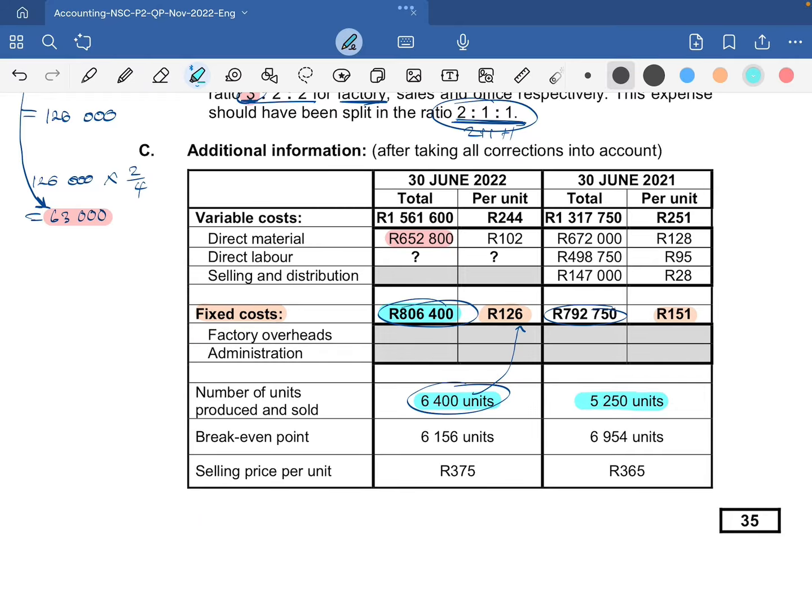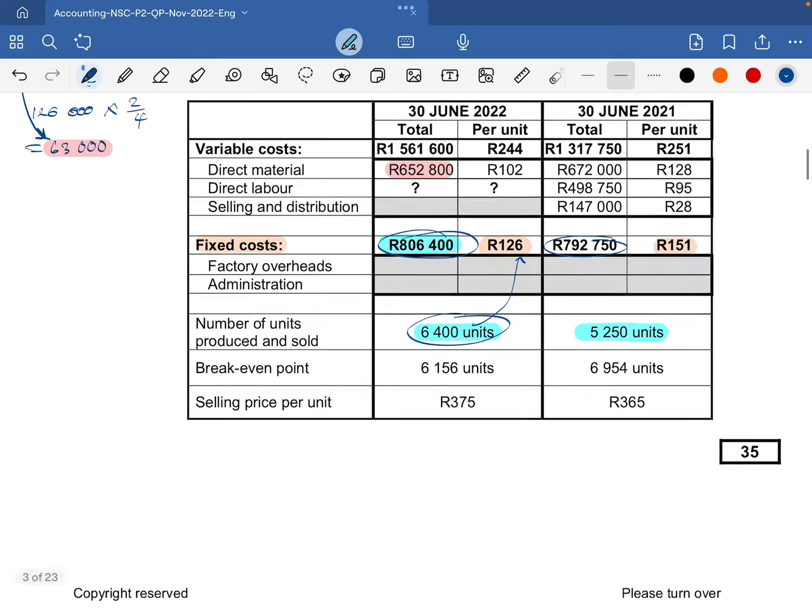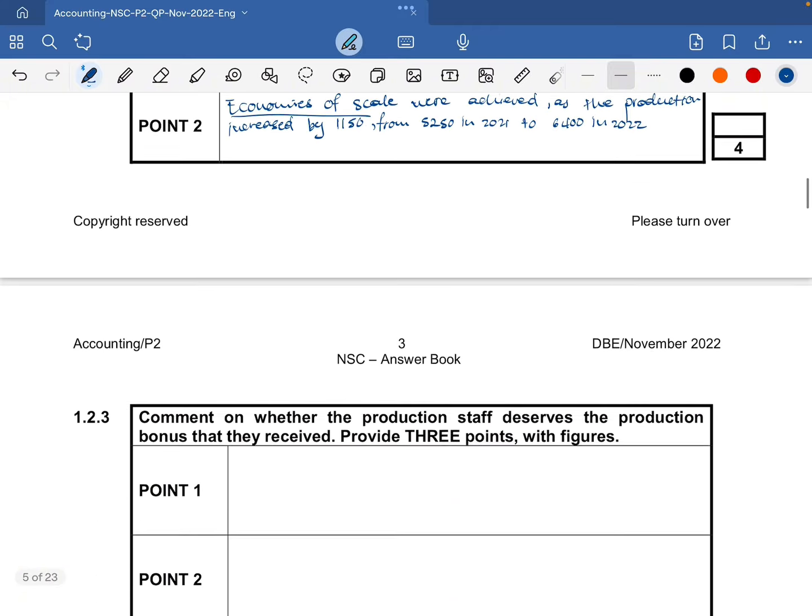Now, looking at direct laborers, what happened is that they produced 6,400 units this year, and last year they only produced 5,250, which is actually great, and that is actually a good thing. Okay, so that's the first point that we are going to note down.